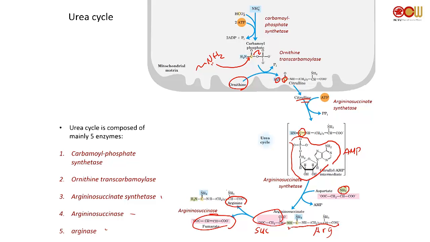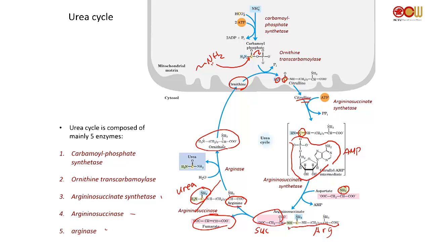Arginine, and as you can imagine, you are going to somehow get rid of this, right? This thing looks like your urea, right? So you have arginase, okay? You hydrolyze this guy, and you spit out your urea, and you regenerate ornithine.